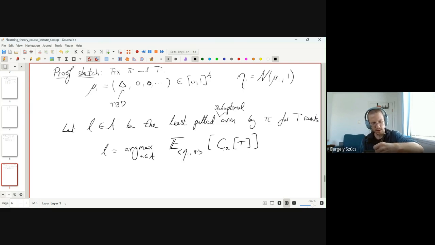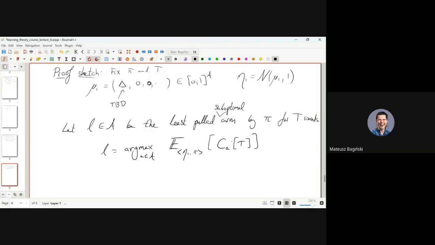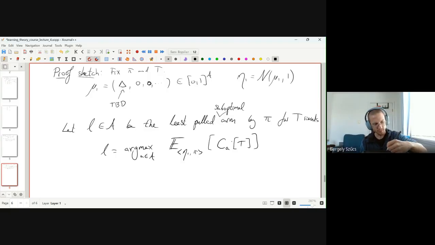So this C of A is just the count of how many times we pulled arm A. Shouldn't it be argmin? Argmin, yeah, I think so. Yeah, the least pulled one. Thanks.